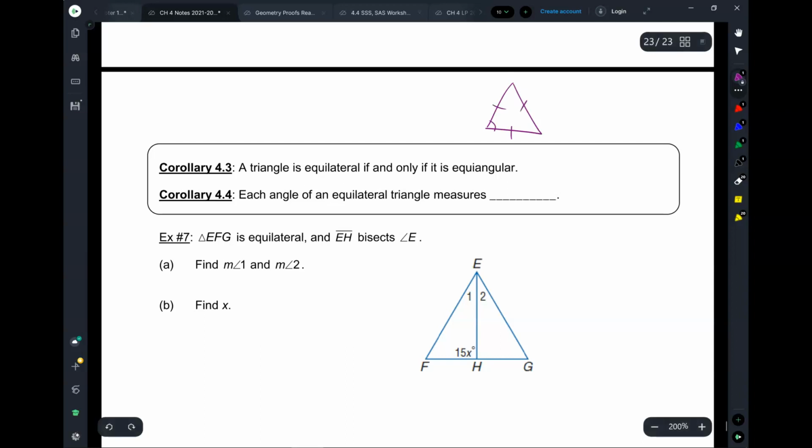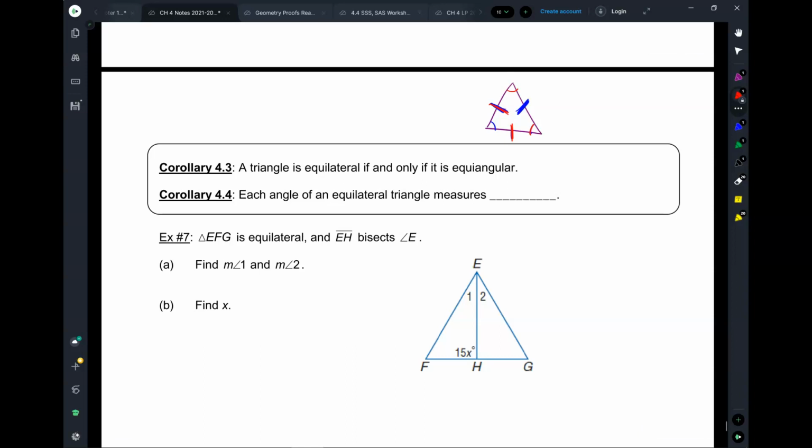Because if a triangle is equilateral, these two sides being congruent says these two angles are congruent, and if this one and this one are congruent, then that makes all the angles equal to each other.